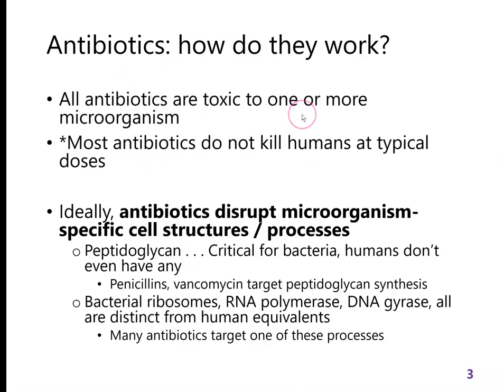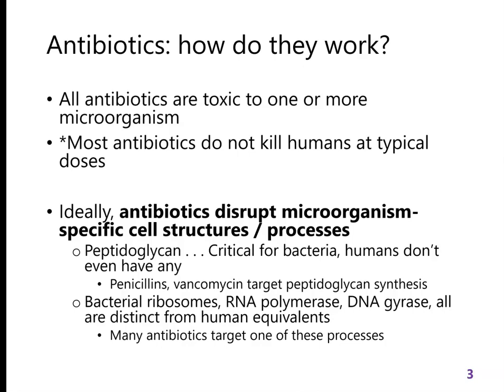Okay, so with that we can think about the eukaryotic microorganisms through this lens of antibiotics in particular. We'll come back to the other ones later. Antibiotics, again, they disrupt processes inside microorganisms. So they will disrupt, say, peptidoglycan, or they'll disrupt a bacterial ribosome, or they'll disrupt something inside a fungus while not disrupting the same thing inside us.